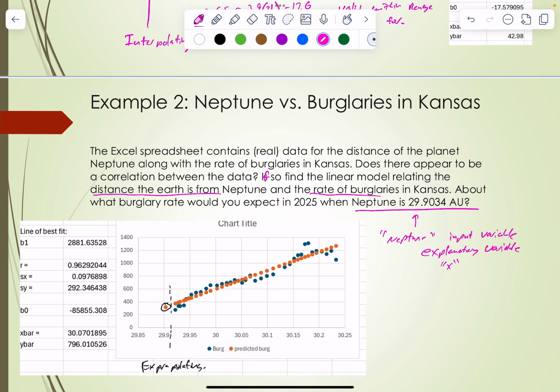And so my line of best fit is going to be y hat, which is my predicted burglaries, equal to 2,881.6353. Let's go 4 decimal places because I think astronomical units was 4 decimal places.